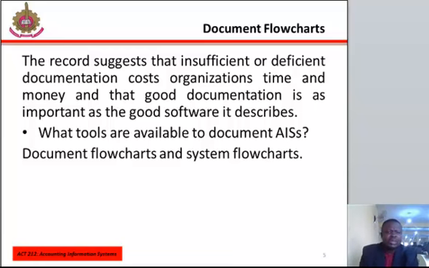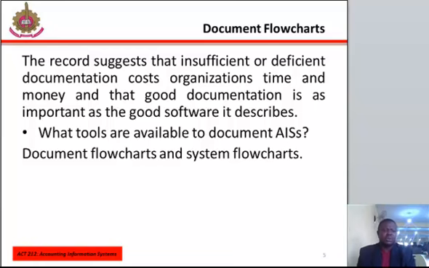The record suggests that insufficient or deficient documentation costs organizations time and money, and that good documentation is as important as the good software it describes. What tools are available to document AIS?